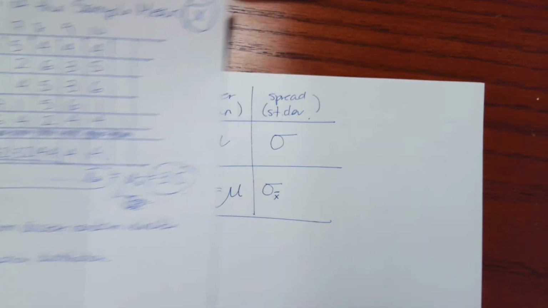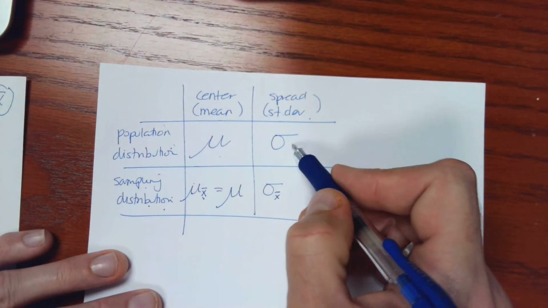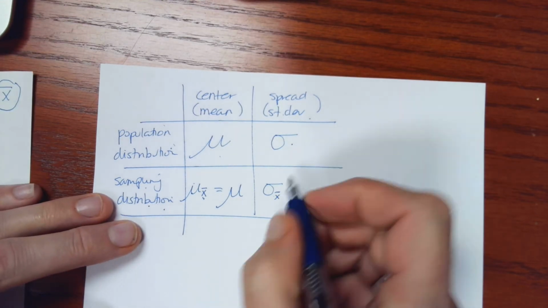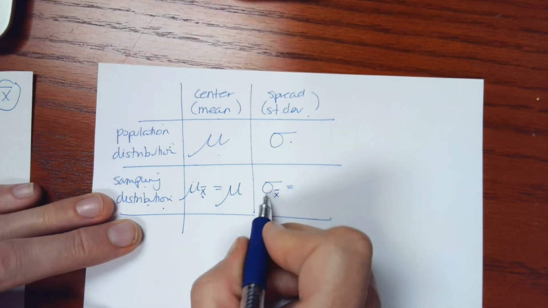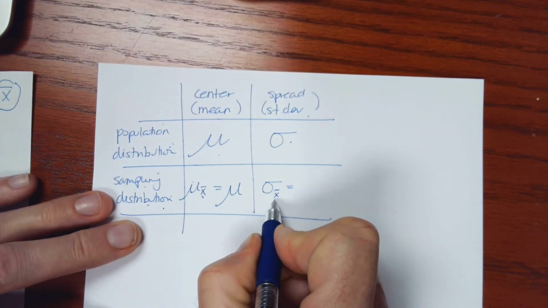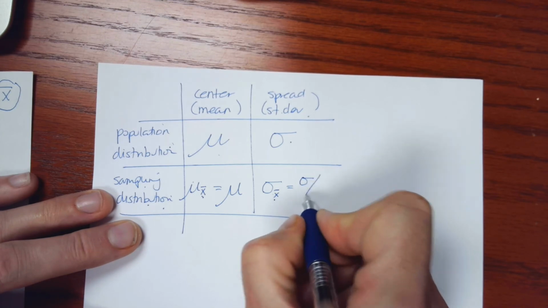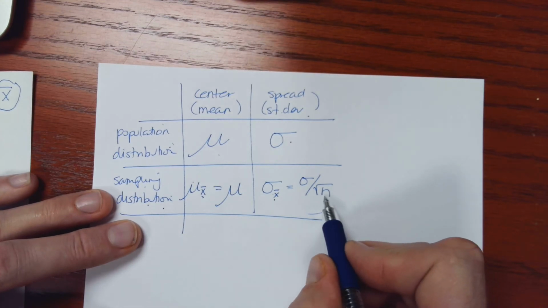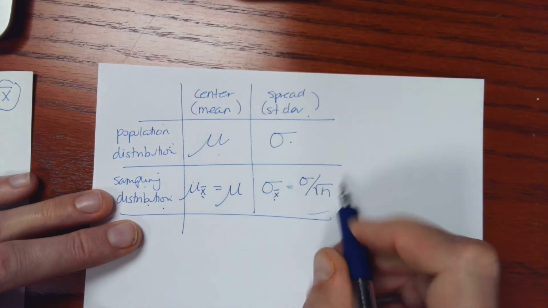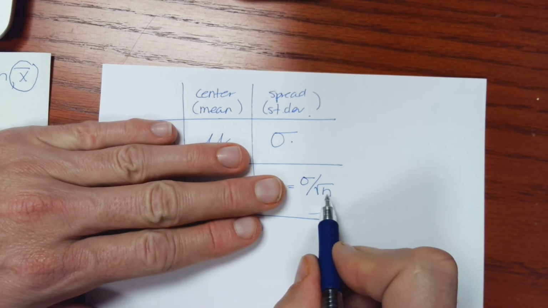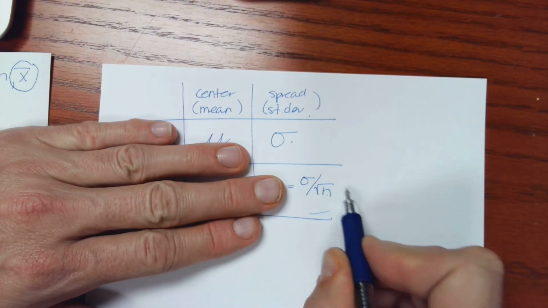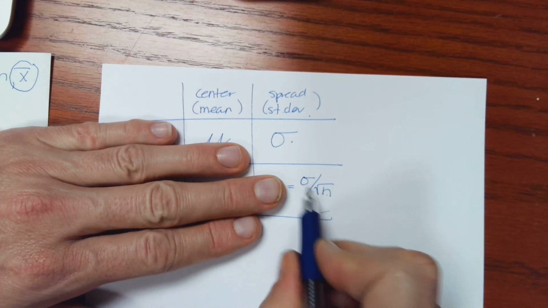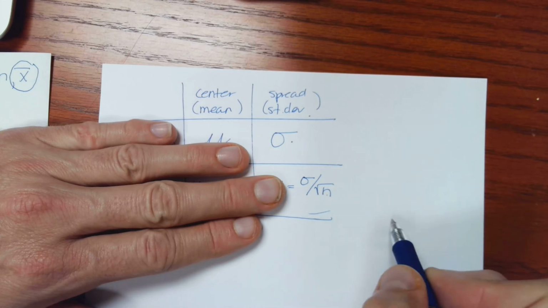The relationship between the population standard deviation and the sampling distribution standard deviation is this. The standard deviation in the sampling distribution of the sample mean is equal to sigma over the square root of n, where n is your sample size. Because n is in the denominator, even though it's underneath the square root, as n gets larger and larger, the denominator gets larger, and so this quotient gets smaller and smaller.